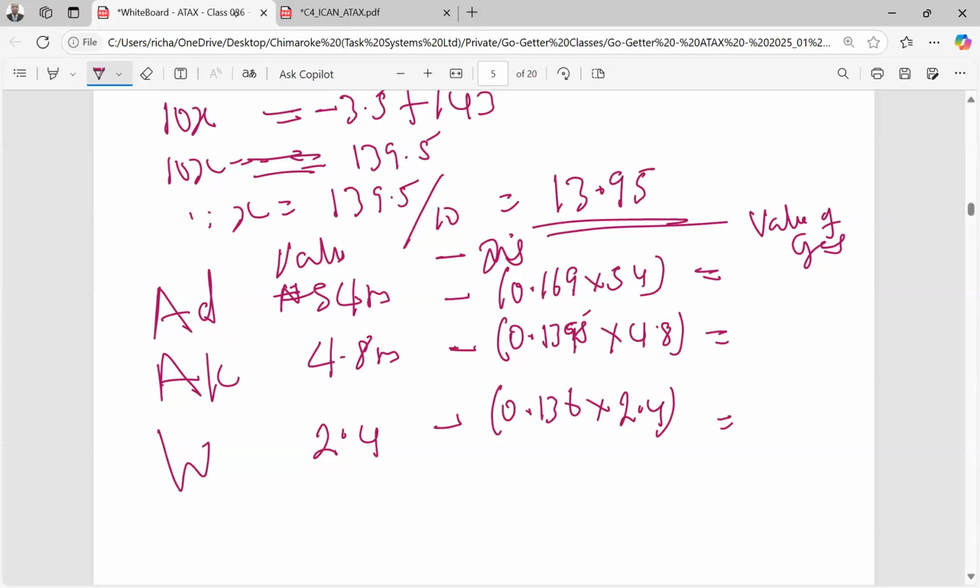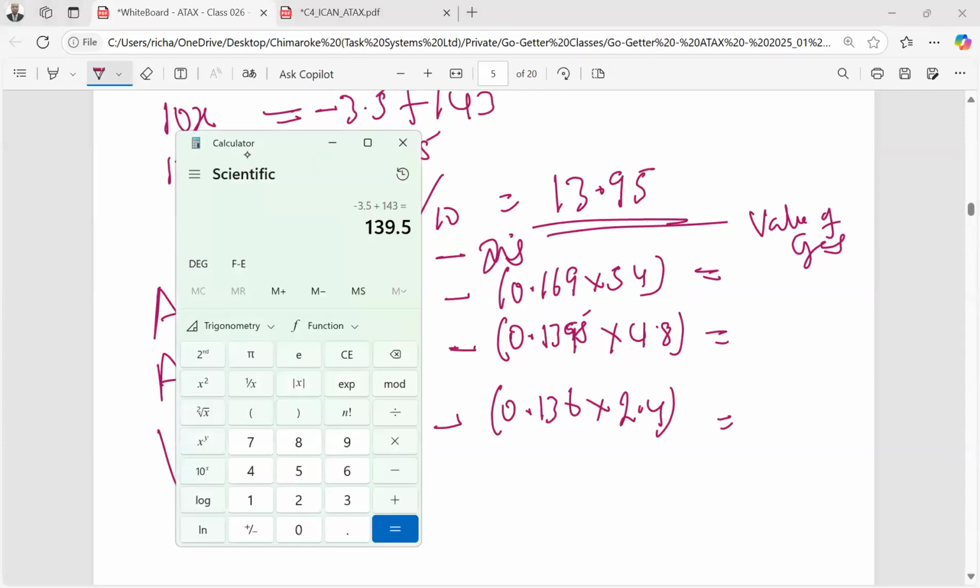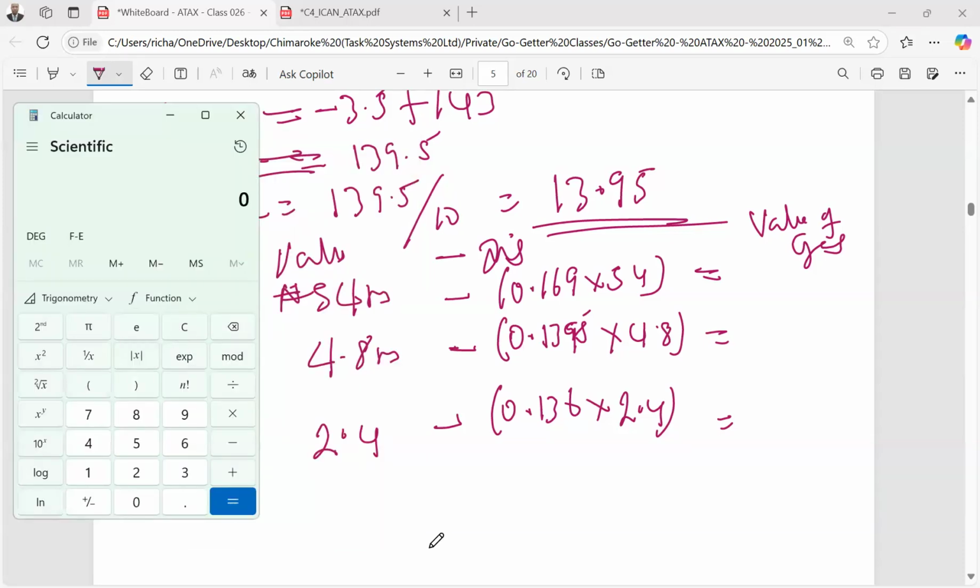So let's see. Let's do the first one. There is always a shortcut for me. I will do one and do the shortcut. Now this is 0.169 multiplied by 54.